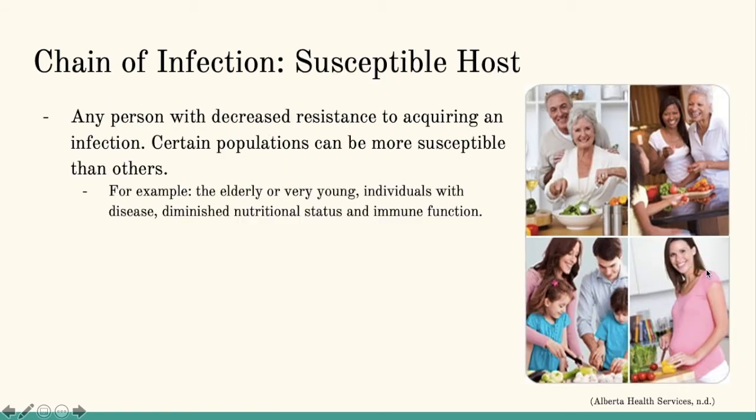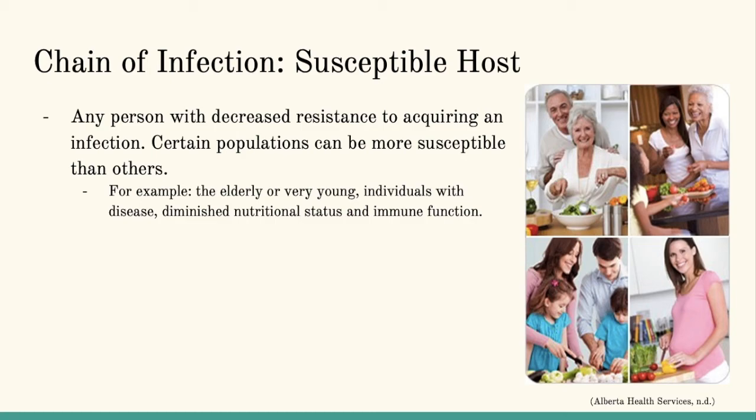The next thing you need is a susceptible host. The host can be any person with a decreased resistance to acquiring an infection. Certain populations are more at risk than others. For example, the elderly, older adult population, or a very young child, or premature infants, or maybe someone that's on immunotherapy, or just anyone with a compromised immune function.